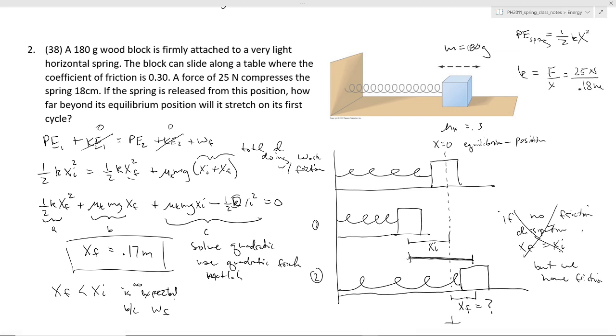Yeah, so like I said, this is a good question because it gives us a chance to look at friction. It's another example where we're looking at work done by friction. We get to review springs, and also it shows you that, don't be alarmed if you run into a quadratic every once in a while. That can happen with this stuff as well.